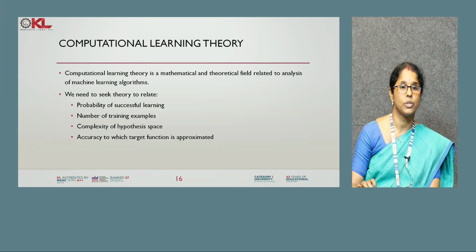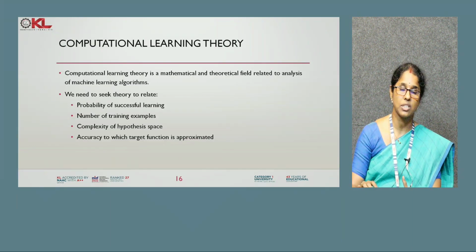For that, we are going to work with computational learning theory first. Computational learning theory is a mathematical and theoretical field related to the analysis of machine learning, where you talk about the probability of successful learning, the number of training examples, the complexity of the hypothesis space, and the accuracy to which the target function is approximated.